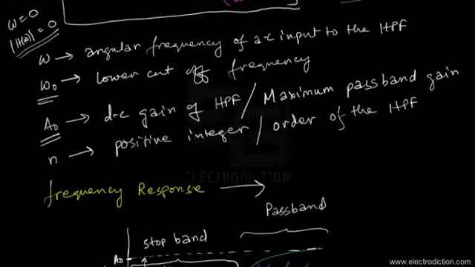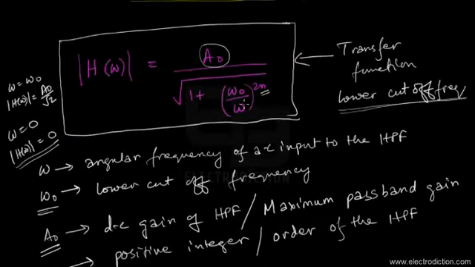And then finally, if omega tends towards infinity, then we shall find that the value of the transfer function would be nothing but A0. That's, as I said, the maximum gain at those frequencies way above the lower cutoff frequency.